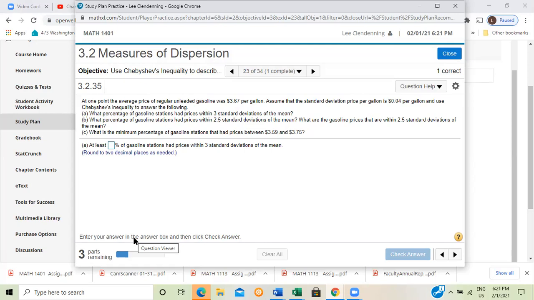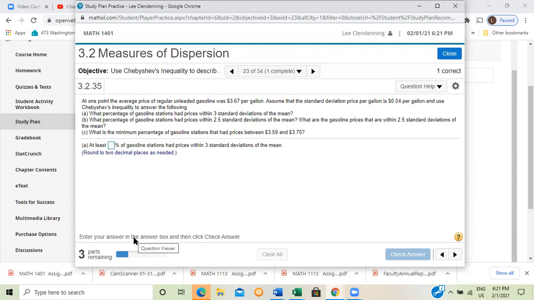B, what percent within, I just did 2.5, what percent within 2.5 standard deviations of the mean. What are the prices within 2.5 standard deviations of the mean.